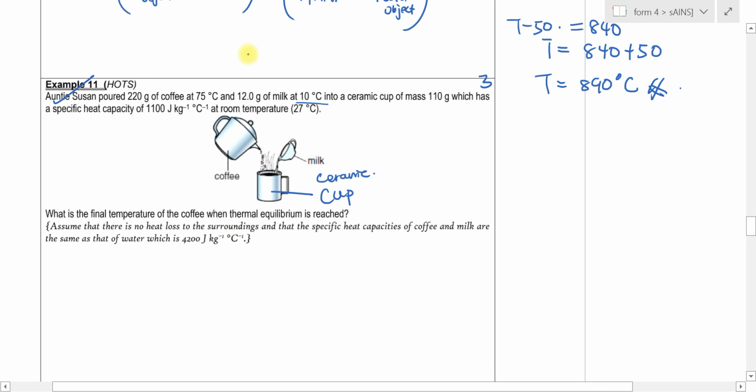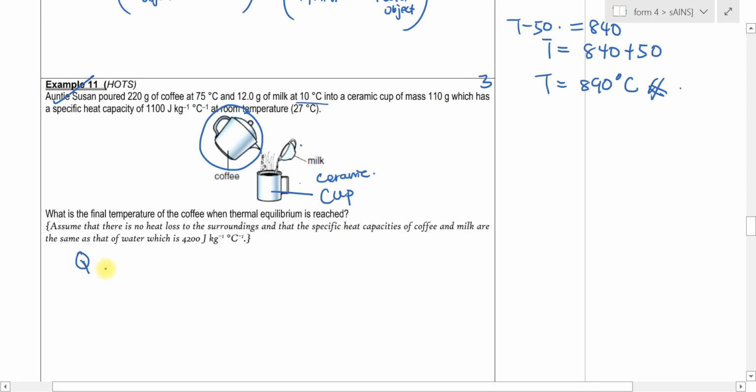So actually, who is losing heat here? The coffee. Milk and the ceramic cup should be the cold objects. So we take the hot object separately.